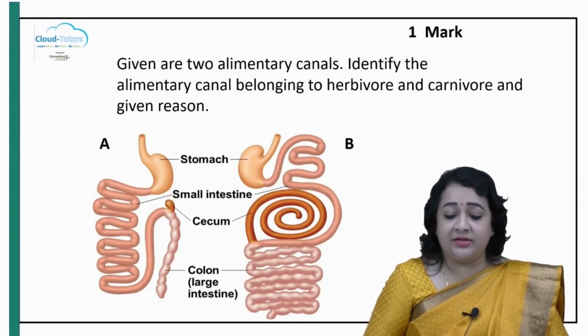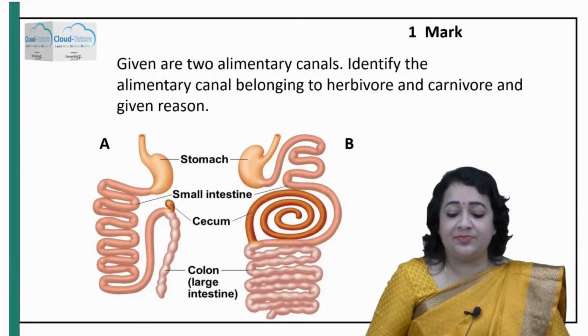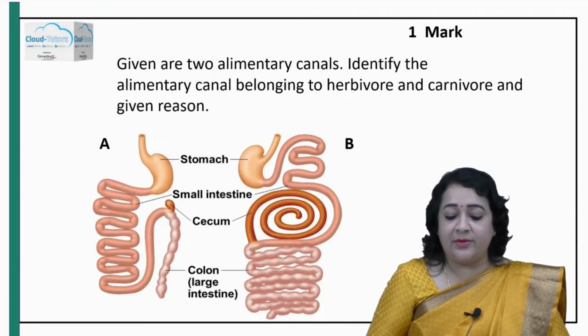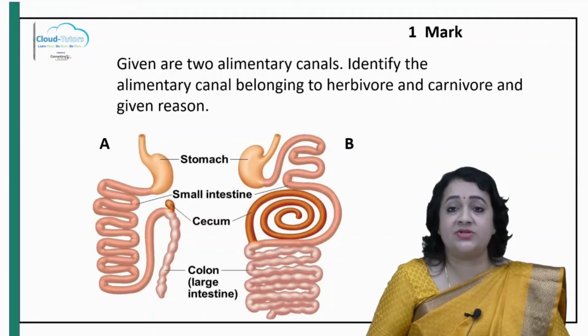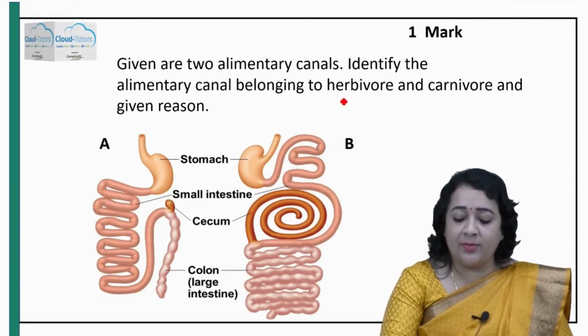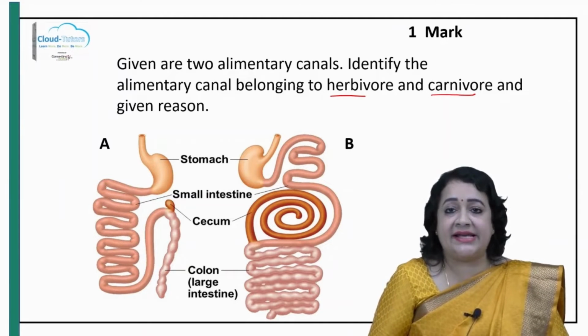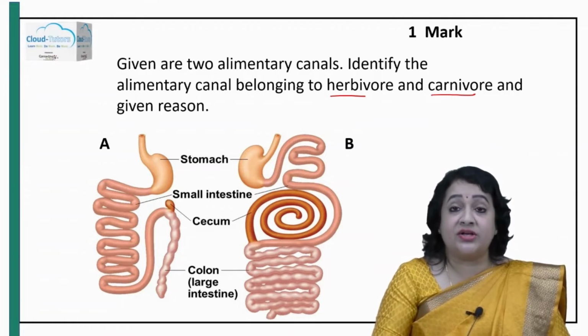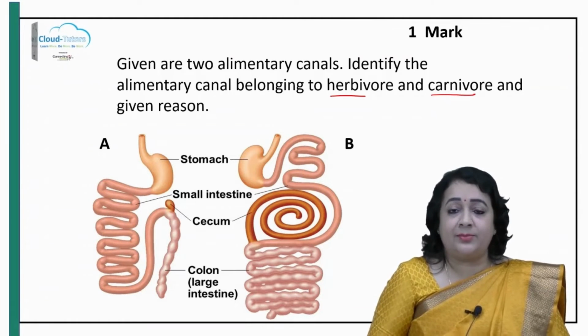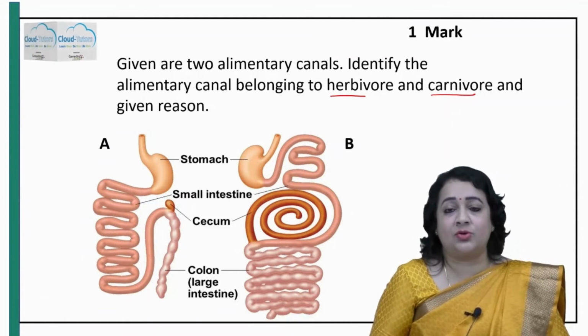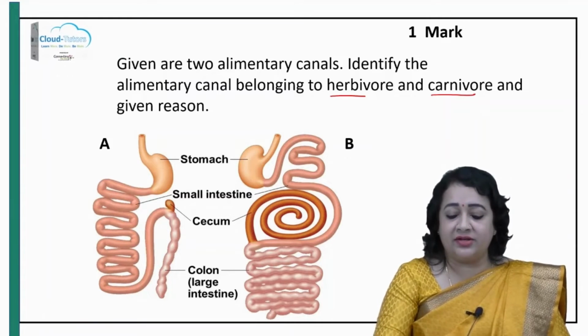Given two alimentary canals, identify the alimentary canal belonging to herbivores and carnivores. Give reason. When we talk about herbivores and carnivores, we should remember that herbivores eat plants, whereas carnivores eat other animals. When herbivores eat plants, plant cells have cell wall, so definitely digestion takes longer time in herbivores.